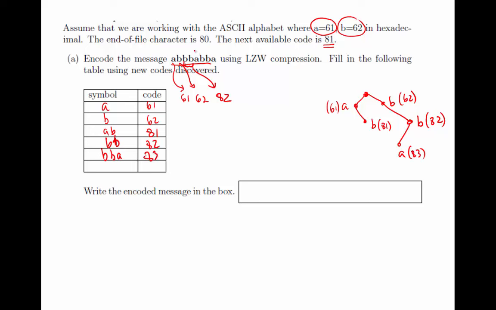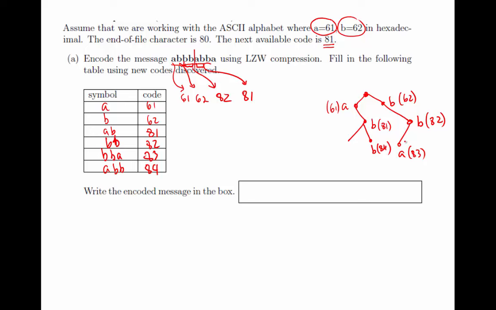All right, and then we have encoded up to here. Now we have AB, which we already have in the code table, so that's 81. And we also add ABB, the AB and the next character, to the symbol table. That would be 84. So ABB is the code 84.